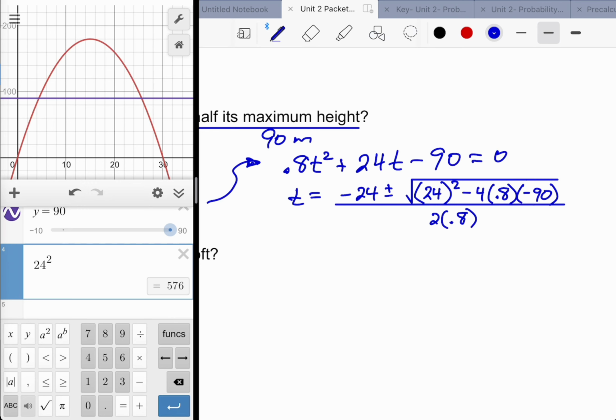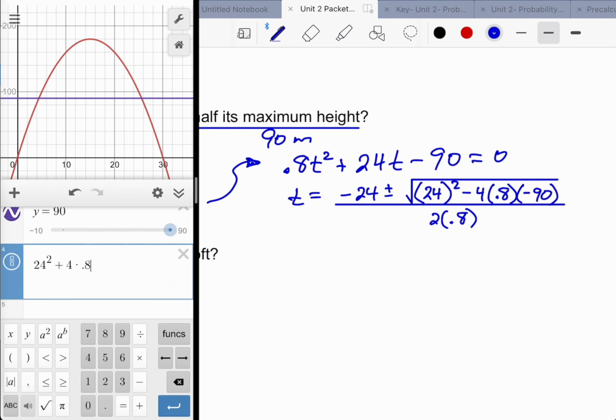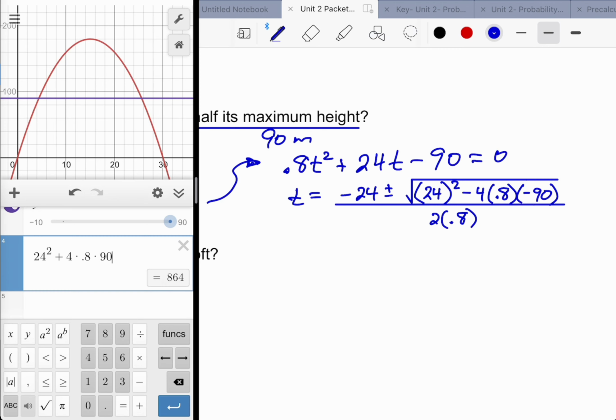Two negatives make a positive, so plus 4 times 0.8 times 90. So 864 under the radical, that's fun. All right, yeah.